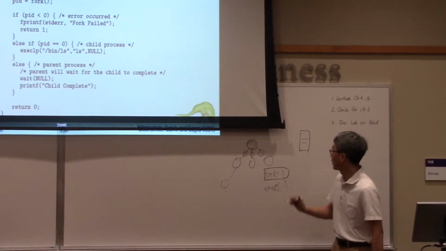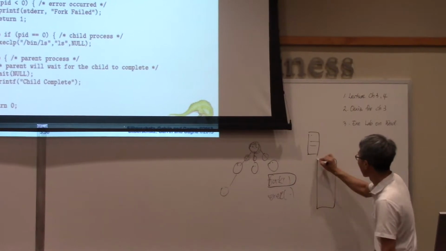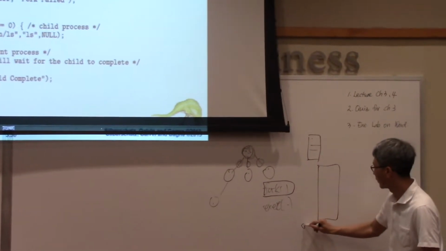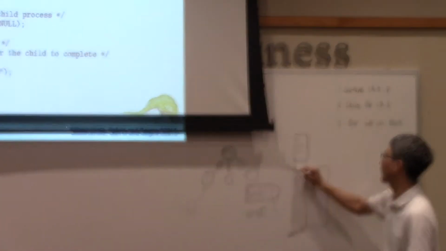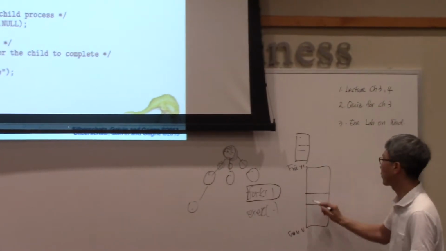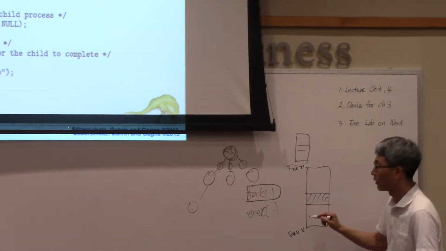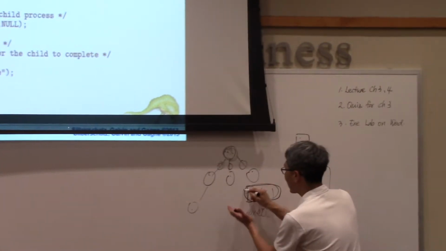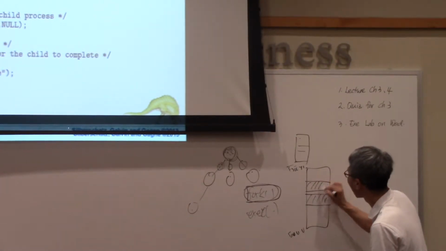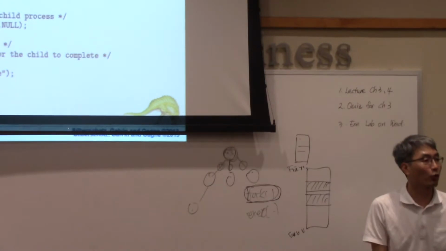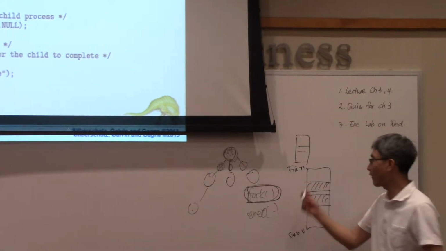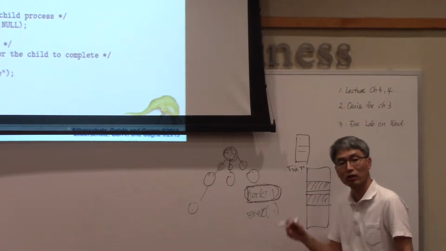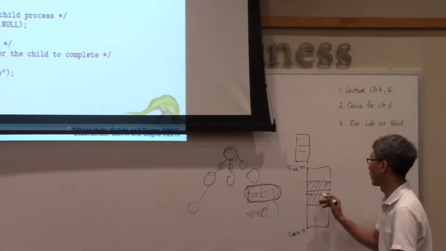This is the process in memory, and the first current process is running. Once you submit the fork, some part of the memory will be allocated. If you cannot find this available resource, it will fail. We will see that later.